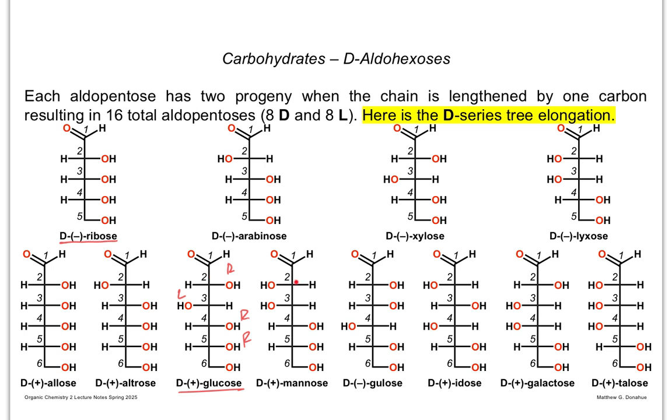When we look at mannose, we would say mannose is the C2 epimer of glucose. And so basically what we're saying is now it's left, left, right, right. So again, the epimer only refers to one specific carbon. Everything else has to be the same.